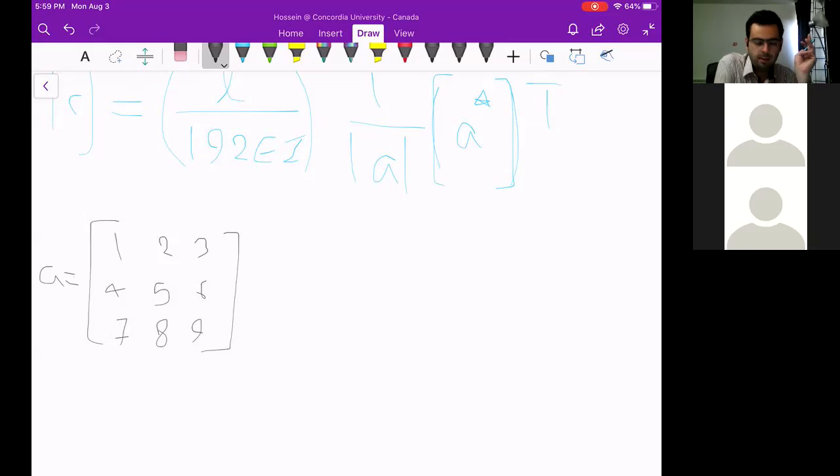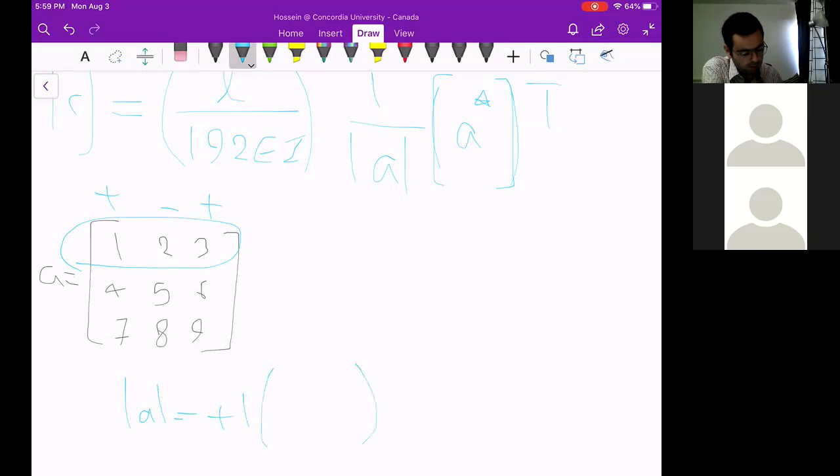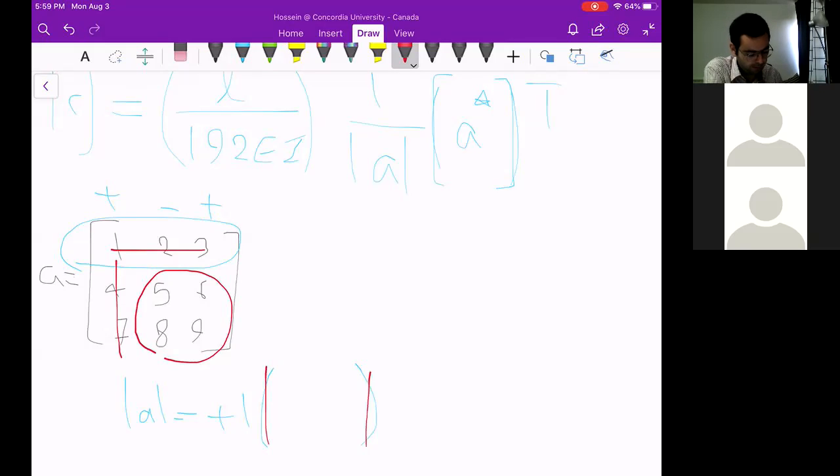For obtaining the determinant, you can take one row or one column with signs plus, minus, plus. The determinant of A is plus 1 times the adjunct of A11; you have to remove this row and this column, and the left matrix is the adjunct matrix, but you have to calculate its determinant: the determinant of 5, 6, 8, 9, minus 2.